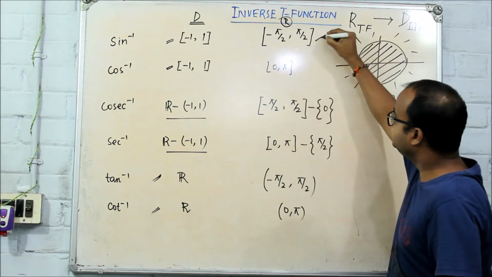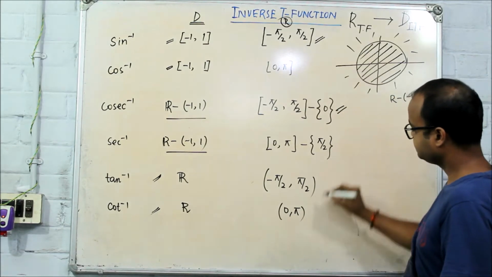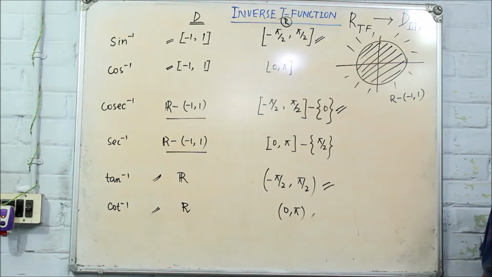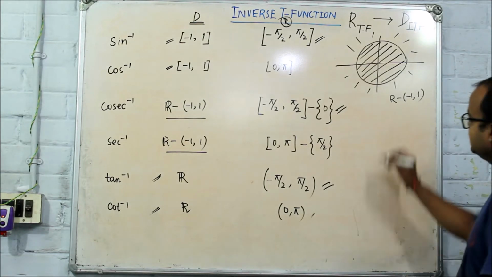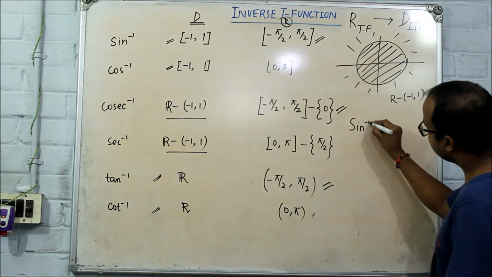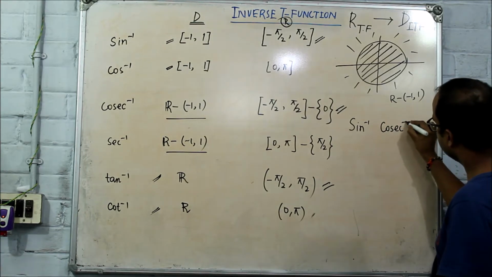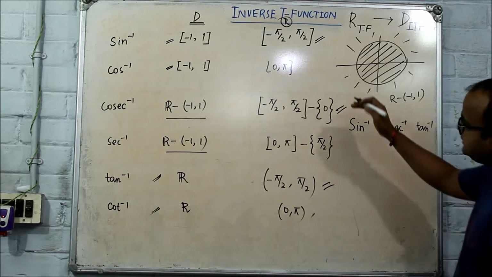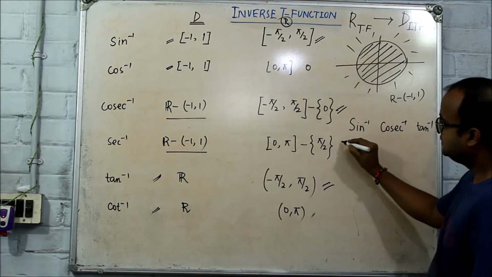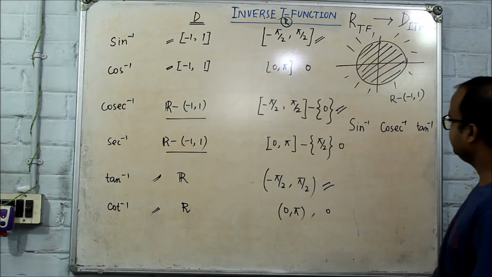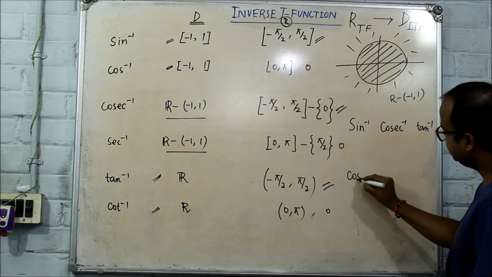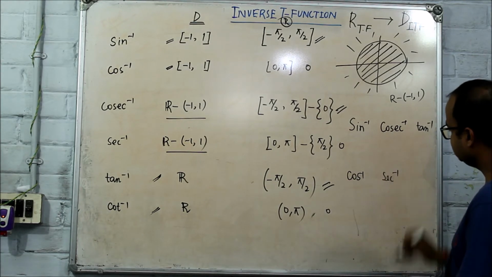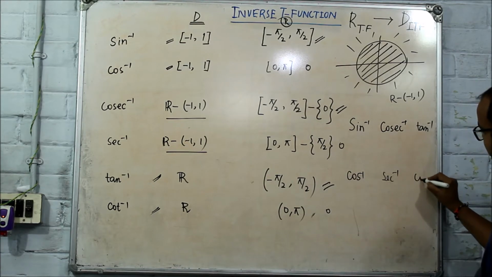Remember these functions in triplets: sine inverse, cosec inverse, tan inverse together, and cos inverse, sec inverse and cot inverse together.